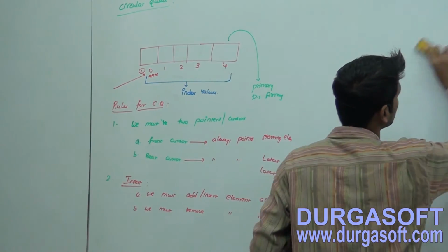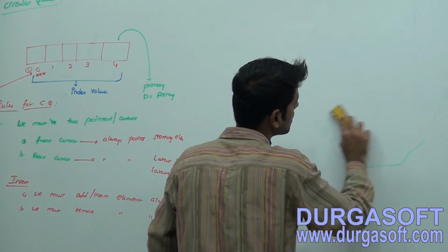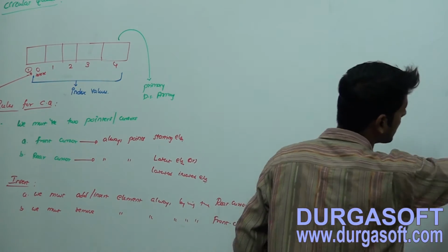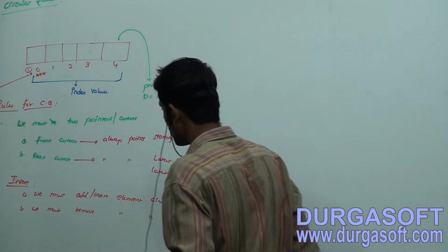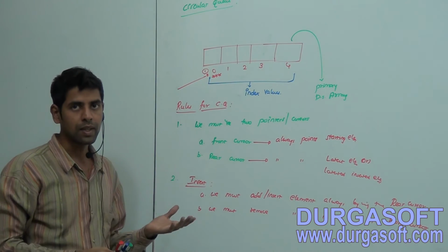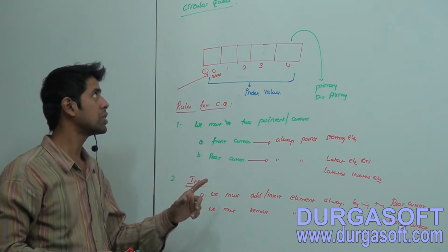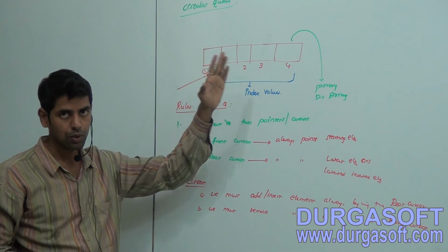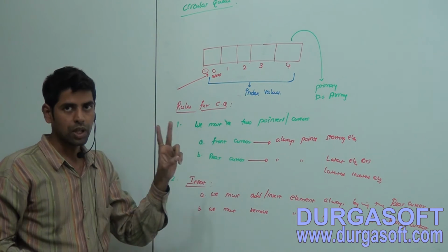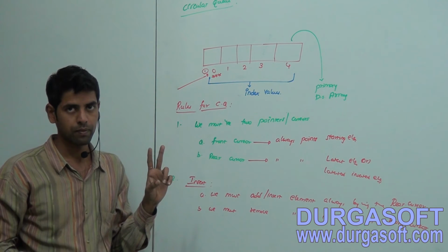Okay, now observe. What we have discussed till now: to develop the circular queue data structure, we have to follow some rules or regulations. So what are those rules? There should be 2 pointers.